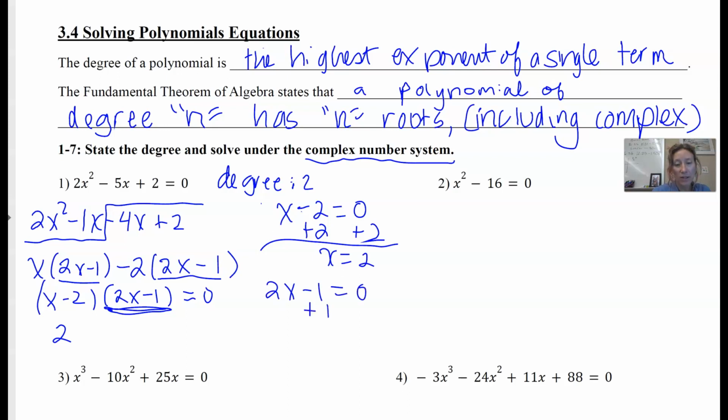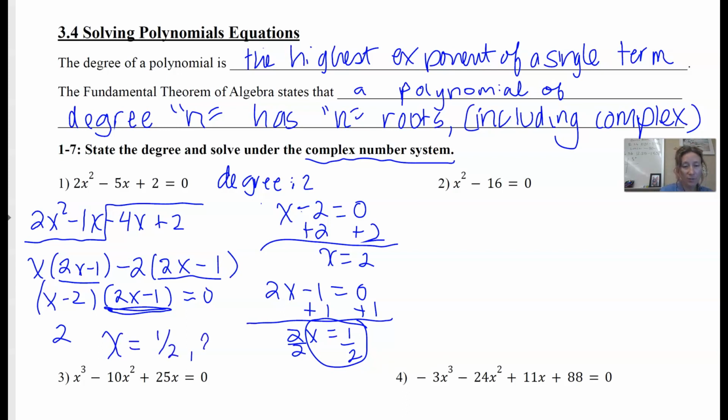I would add 1 to both sides. Then I have 2x is equal to 1, and I divide by 2 to finish solving, and I get x is equal to 1/2. So my two answers are x is equal to 1/2 and 2. So we just have an additional step after factoring.